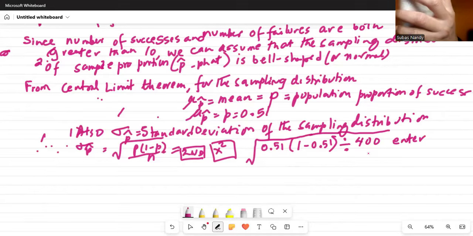Inside the square root, I will type 0.51, left parenthesis 1 minus 0.51, which by now we know is 0.49, and then I divide by the sample size, n equal to 400. Everything is under the square root, and then enter. So I press the second button on the top left corner, then the x square button, which gives me the square root, then 0.51, left parenthesis 1 minus 0.51, right parenthesis, divided by 400. Okay, so that's how it looks in the calculator.